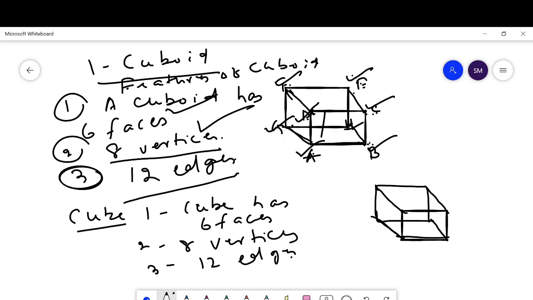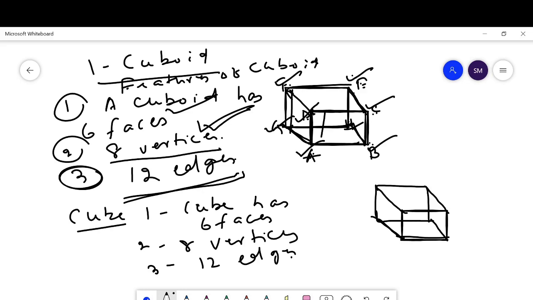Edges are AB, BC, CE, AD, EF, GF, AG, GH, AH. All these are 12 edges, 8 vertices and 6 faces. In case of a cube also the same.